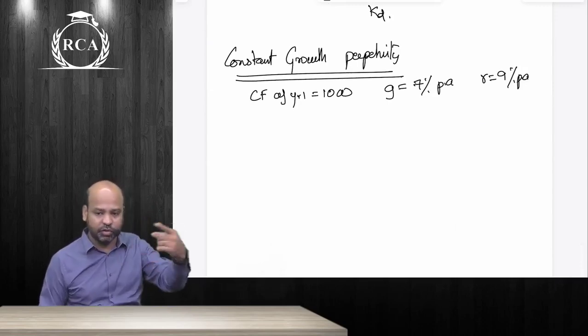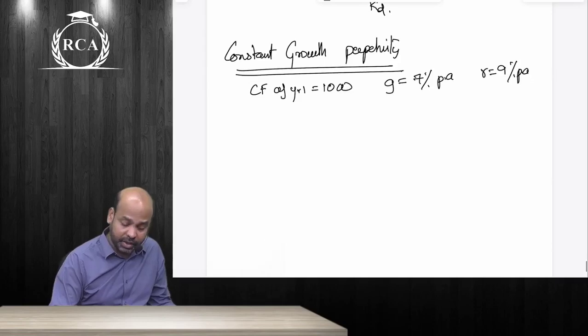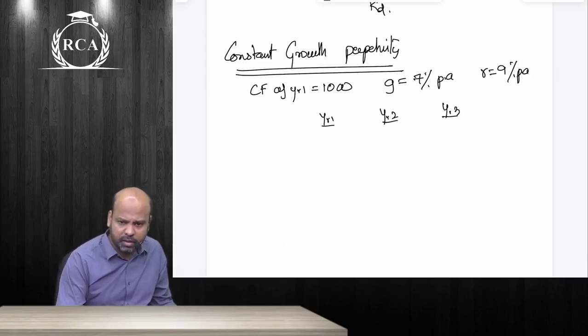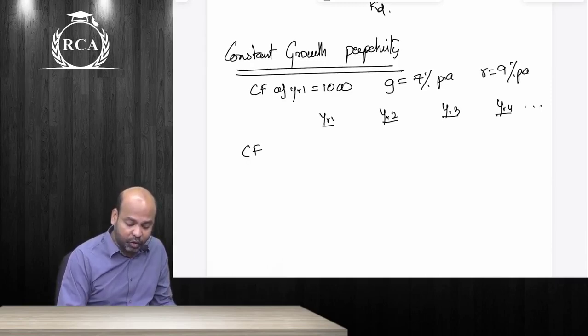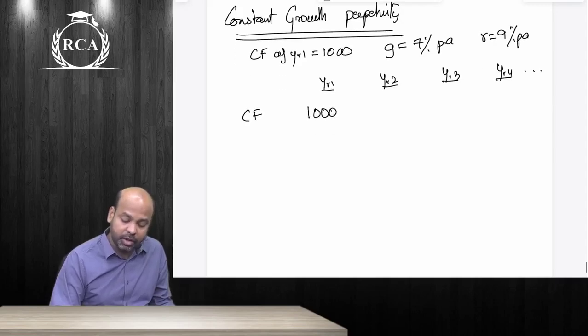Every year my cash flows will keep increasing by 7%. So what will be the cash flow of year 1? 1000 rupees. What will be the cash flow of year 2? 1000 plus 7%, that is 1070.